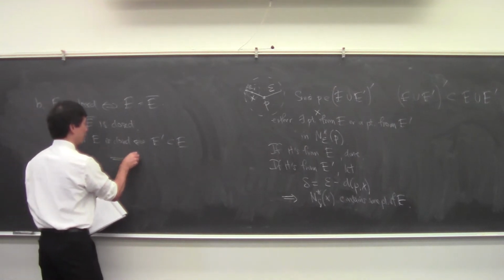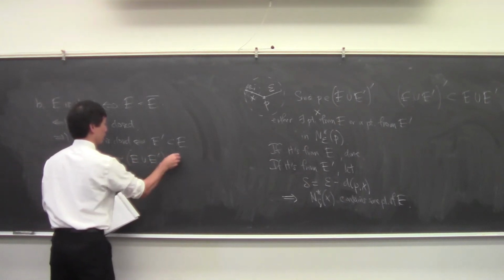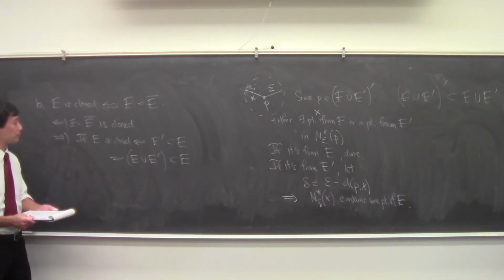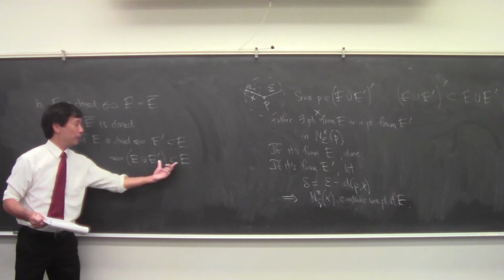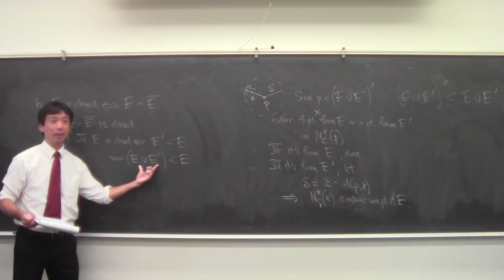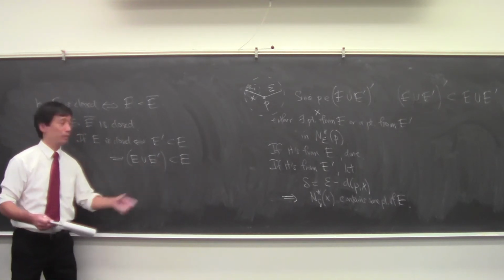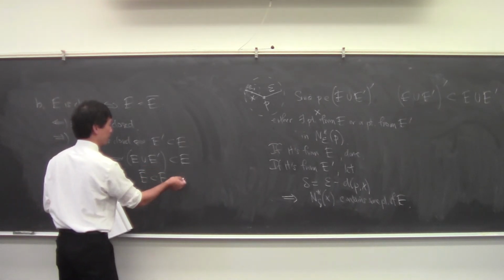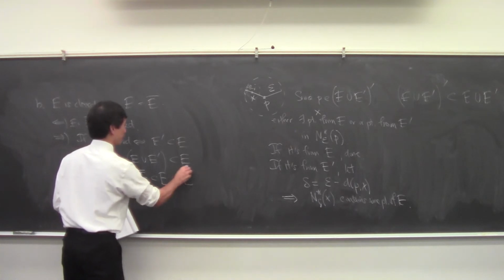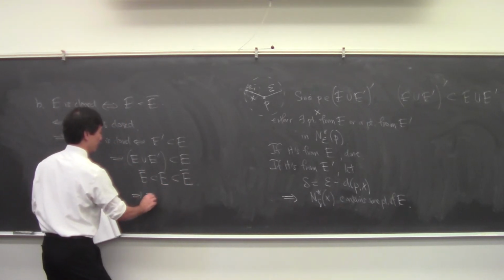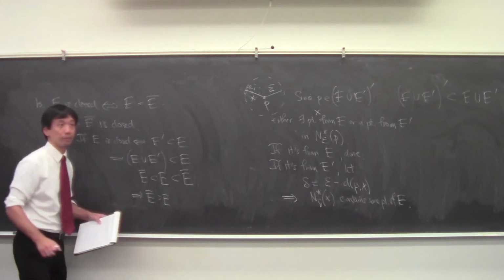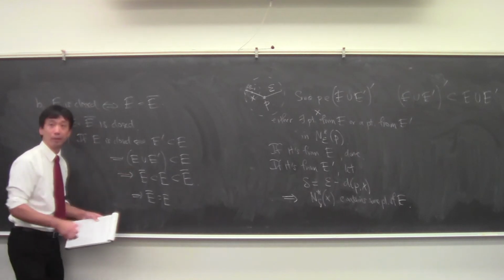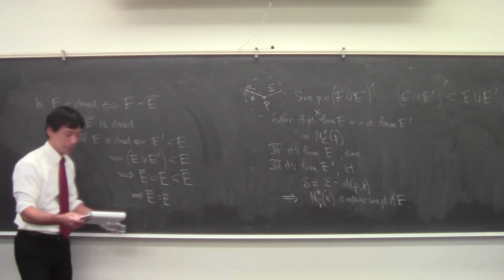But then it contains E bar, because it contains E and it contains its limit points. So that tells you that E bar is contained in E, which is in turn contained in E bar. So E and E bar are the same. These are simple ones.